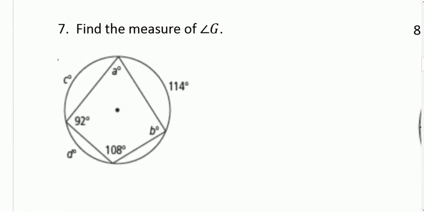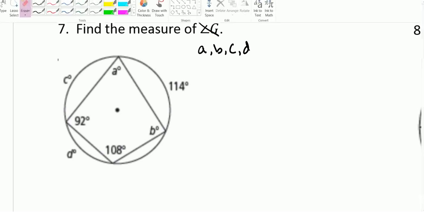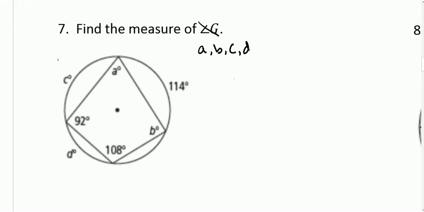Seven, we're finding the measure of angle G. And I'm not seeing an angle G on this, so what we're going to do is we'll find A, B, C, and D. Okay, so first of all, angle A and 108 are supplementary, so we know that A plus 108 is 180.